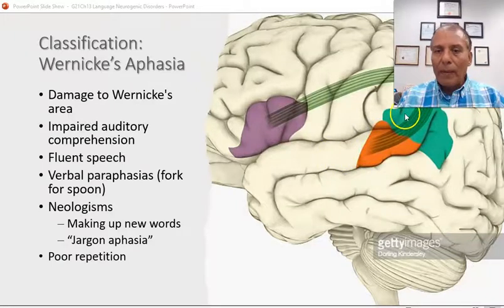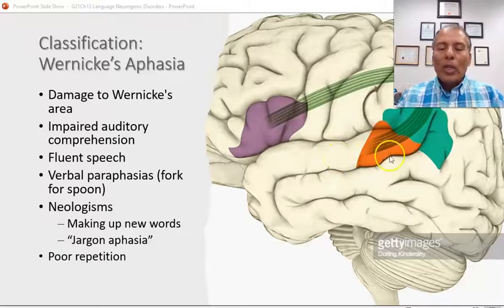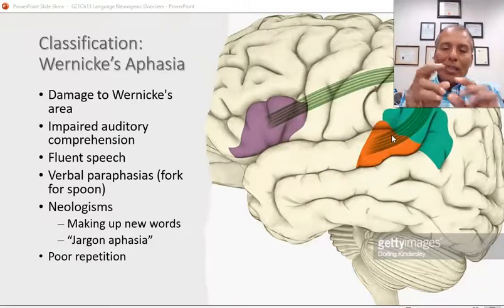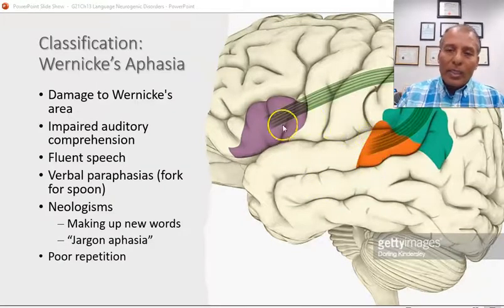That area is next to the auditory cortex. So this area is responsible for recognizing speech, for assembling sounds into words, and for working with the other areas here to get the meanings of words together and integrate, and then send that to Broca's area.